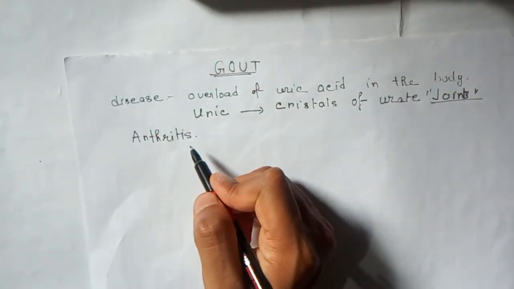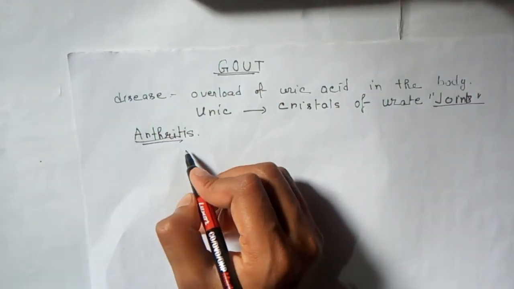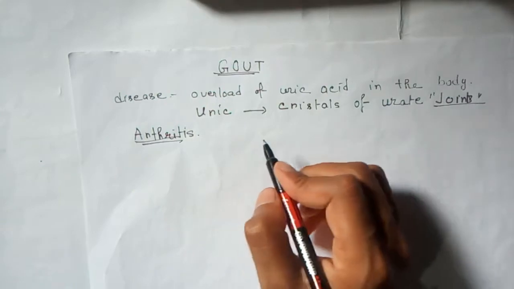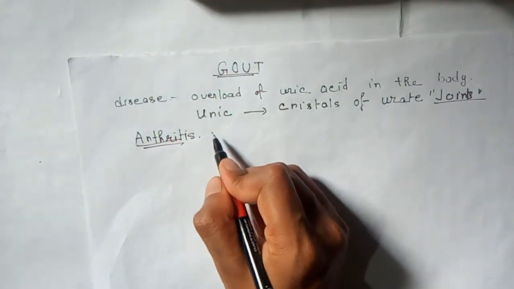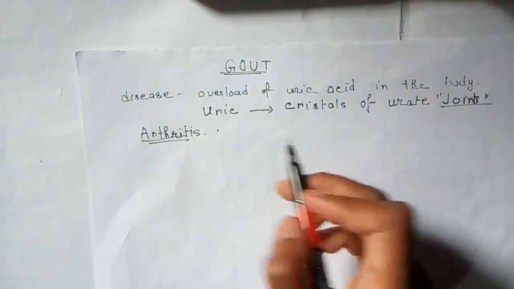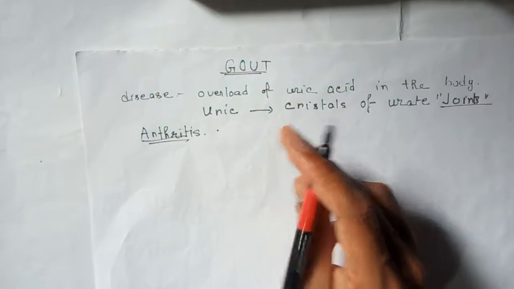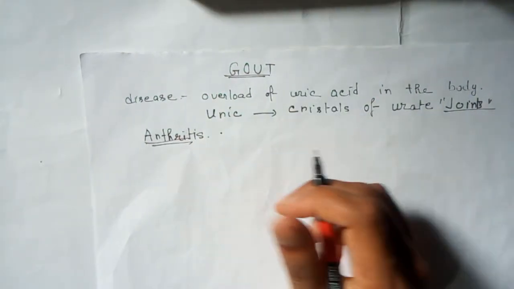There are more than 100 different types of arthritis, and gout is one of them.